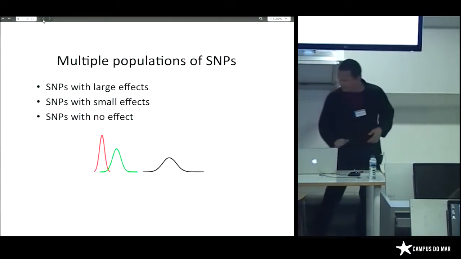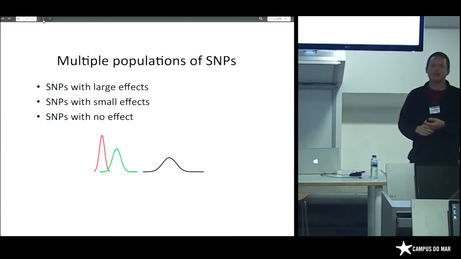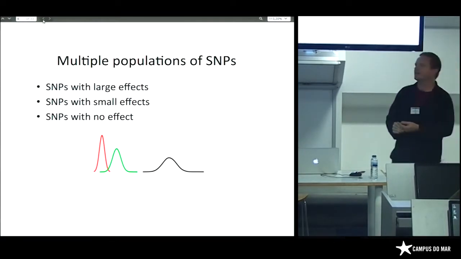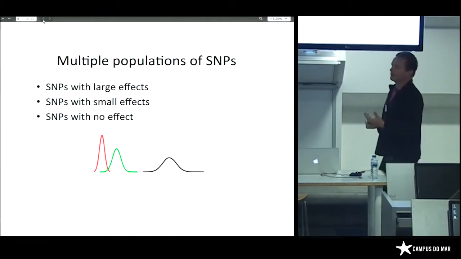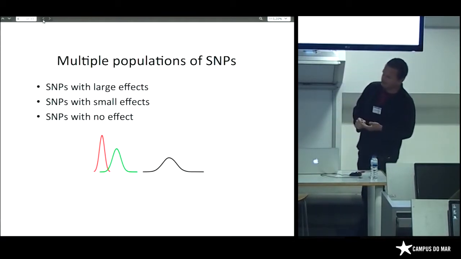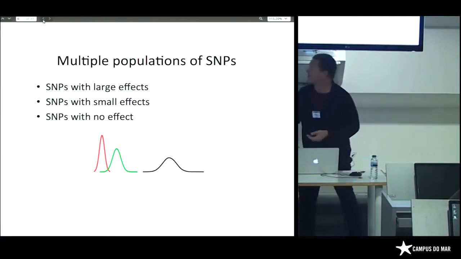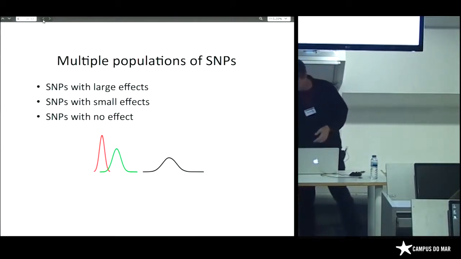Okay, so within any population of genotype markers, we have actually several populations of SNPs. We're going to have a whole bunch of SNPs that actually have no association to the phenotype. We're going to have some SNPs that have small effects on the phenotype. We're going to have another population of SNPs that have large effects. And that's depicted here by these three different shaped curves.